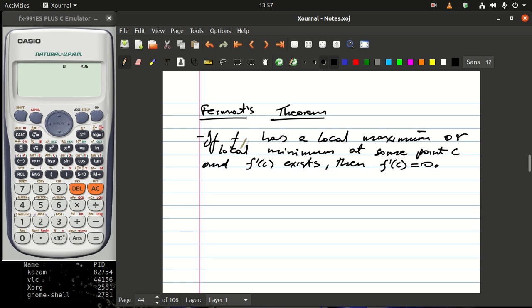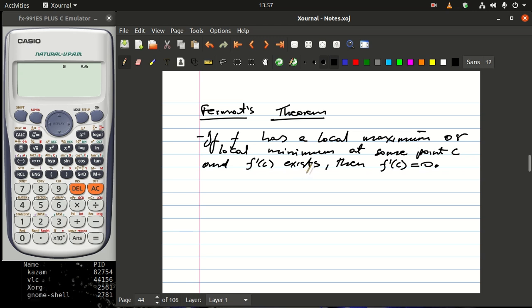If a function f has a local maximum or a local minimum at some point c, and we know that the first derivative at that point exists, then the first derivative must be equal to 0.